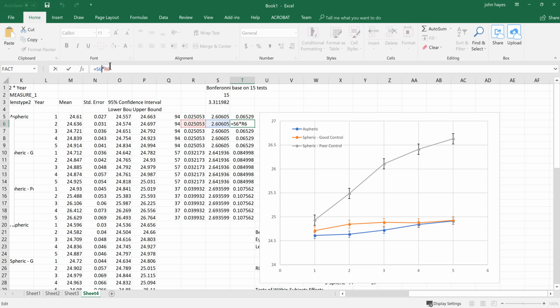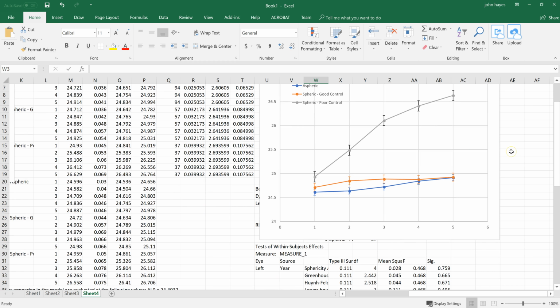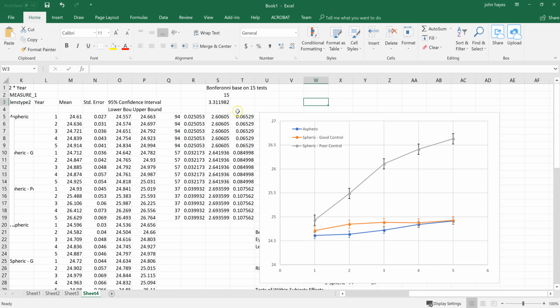And then the confidence interval is just like before, the standard error times the confidence interval, or times the t value. And then just build in the lines there. So that's how we do repeated measures confidence intervals. You need to do this Bonferroni correction and put that in there.